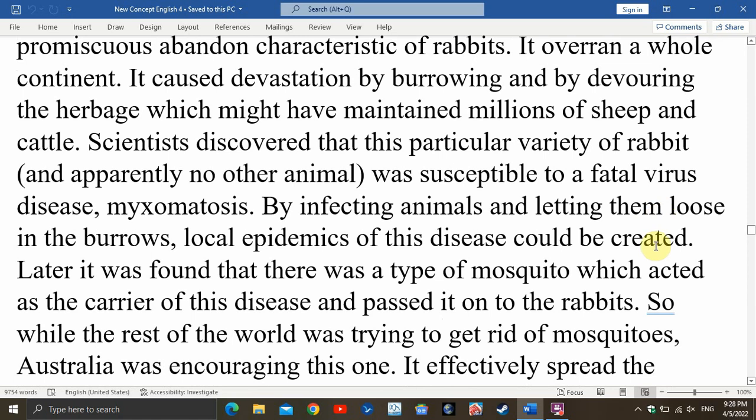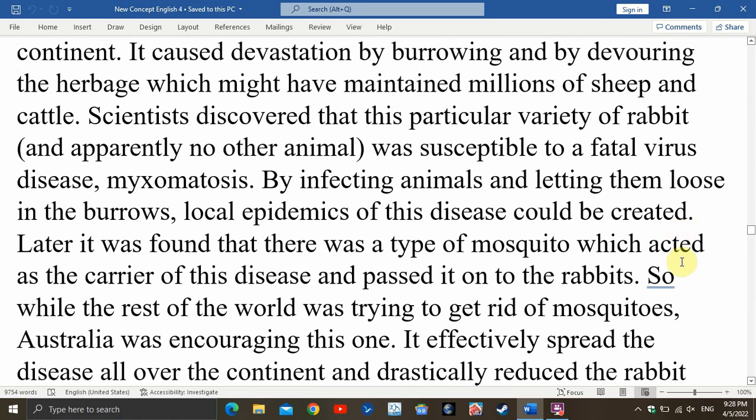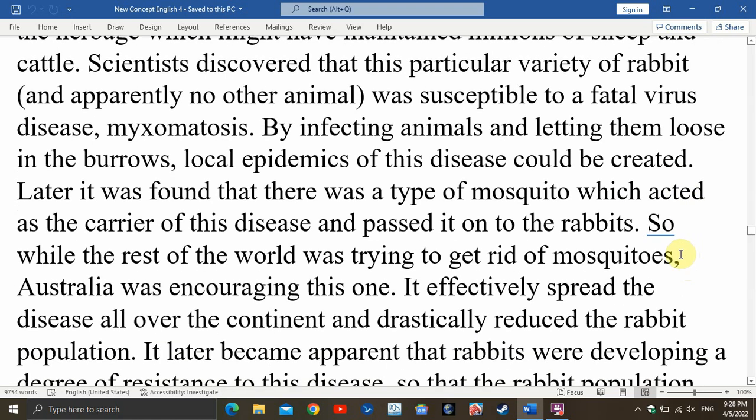Scientists discovered that this particular variety of rabbit, and apparently no other animal, was susceptible to a fatal virus disease, myxomatosis, by infecting animals and letting them loose in the burrows.